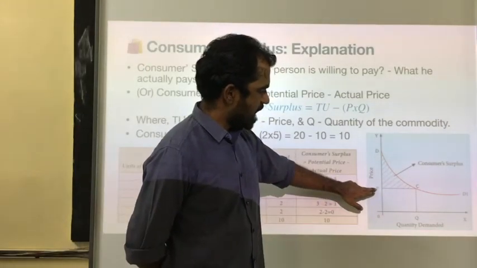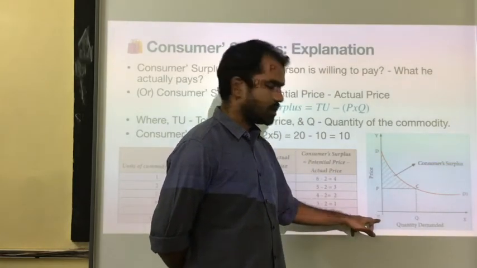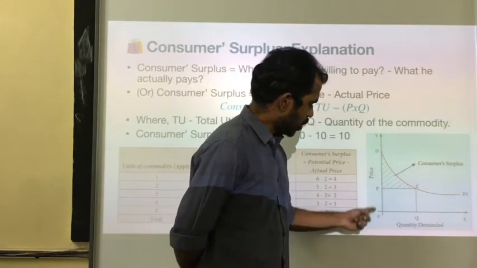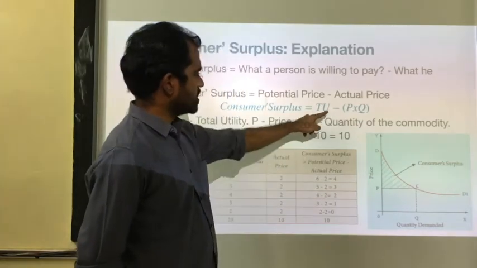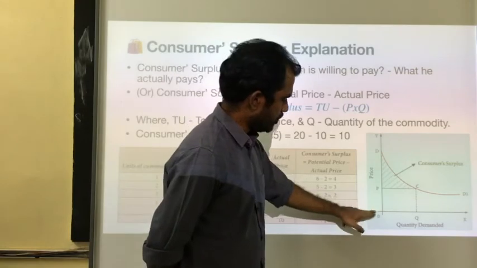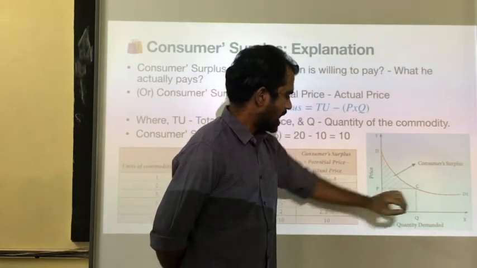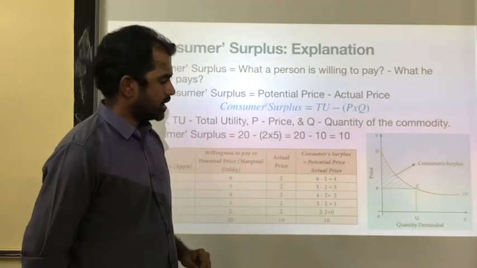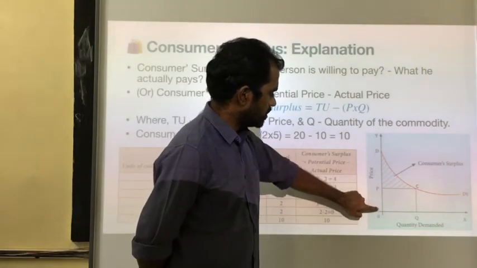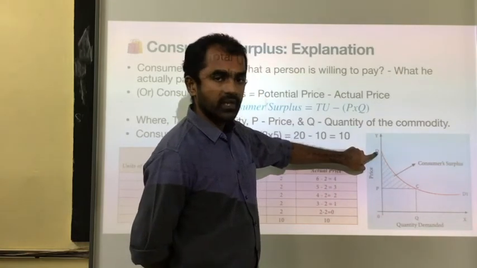This is the actual price and this is the actual commodity. That is, OQ is the commodity, OP is the price. From this we know price into quantity of commodity. So OP into OQ gives us the area of this, which is the actual expenditure on the product. But what we see here is OD, which is the potential price.